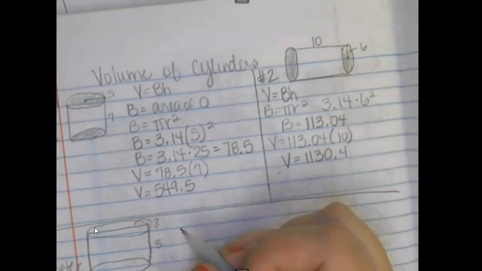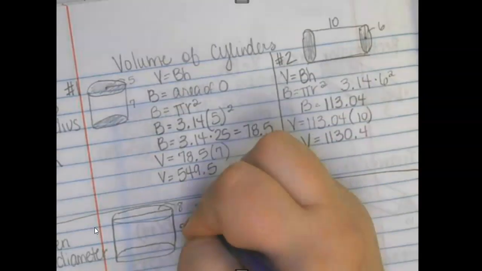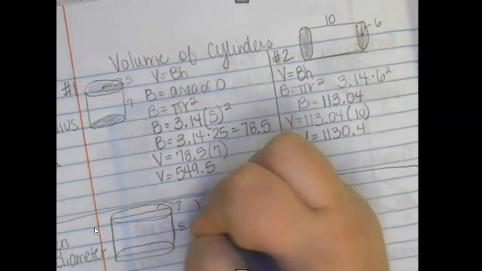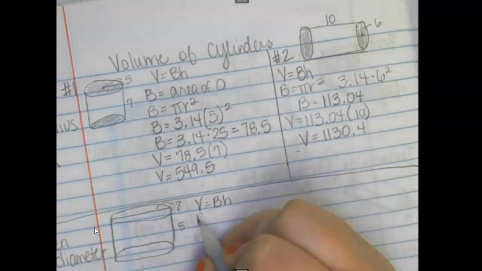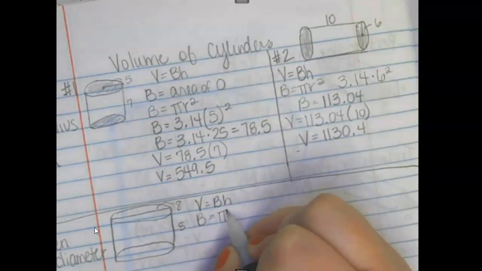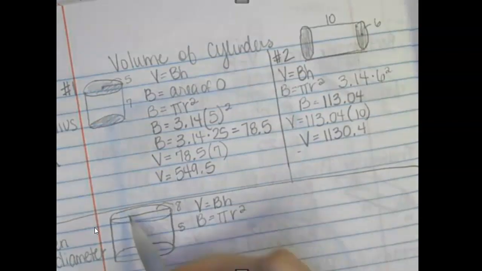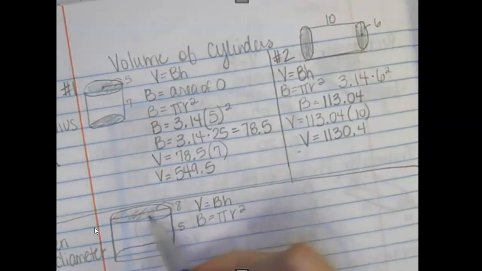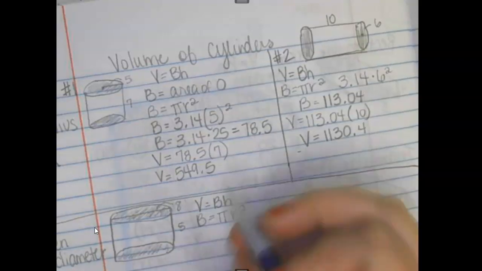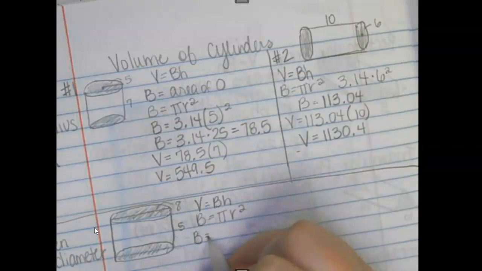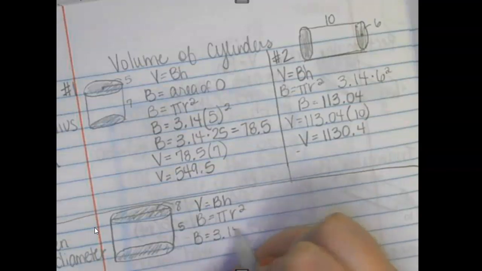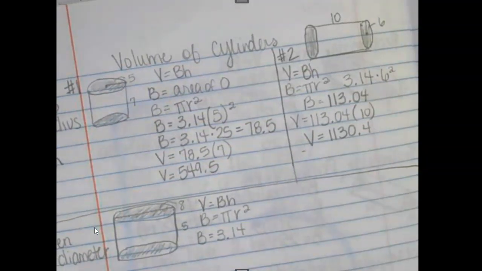So I'm going to have V equals big BH. Big B is going to be pi r squared because it is still a circular base. So let's shade in my two circular bases. Pi is 3.14. But was I given a radius?